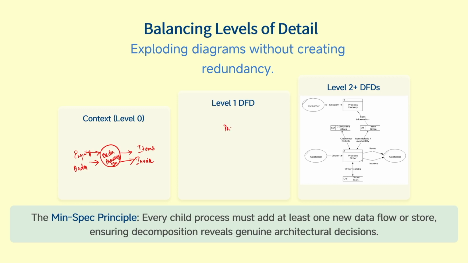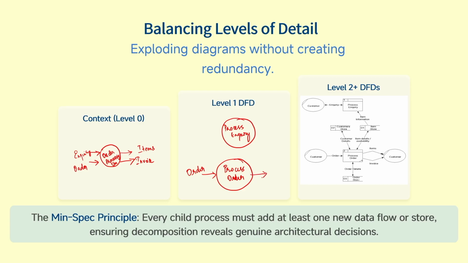In level 1 DFD, you can expand this context a little bit. So say for example, you will be having process enquiry. This is actually a module. Process order is another process. Okay. So when the customer orders, the process order module gets executed and they will either produce an invoice or hand over the items.